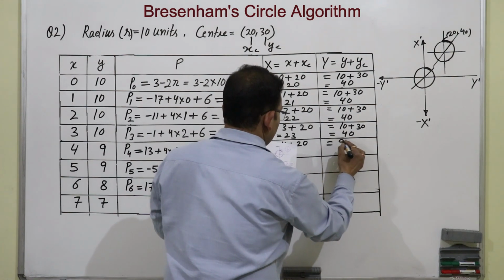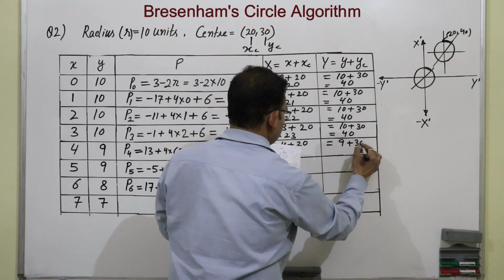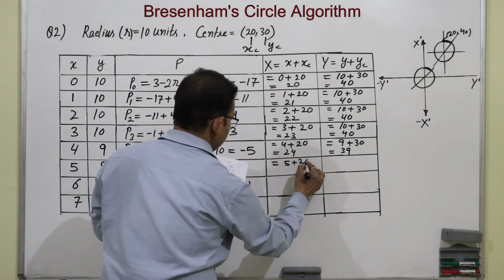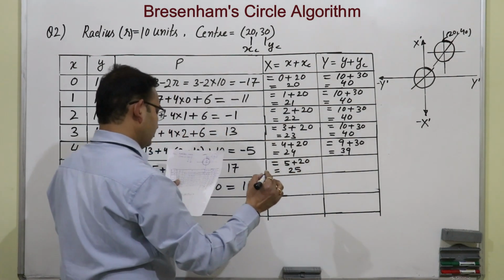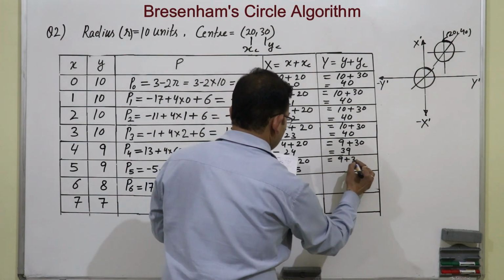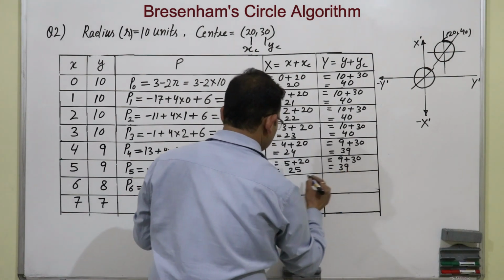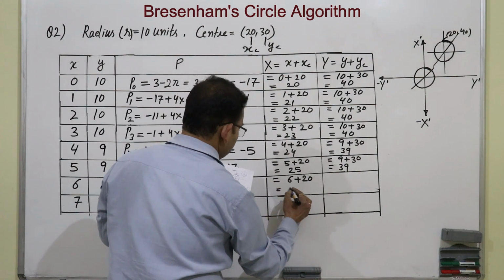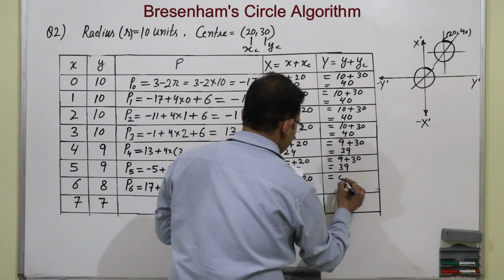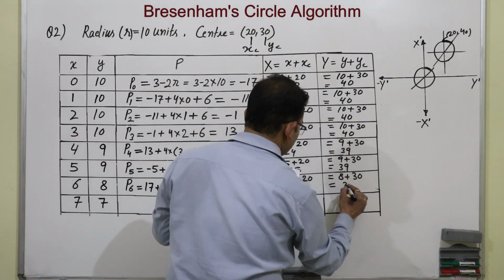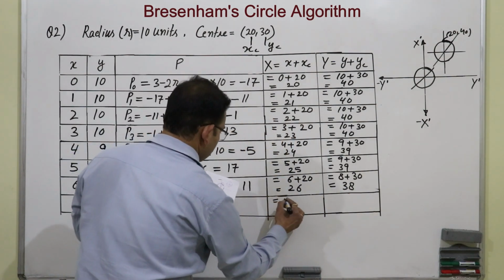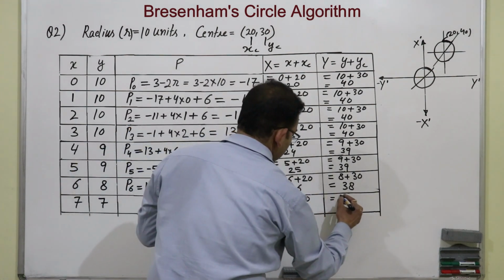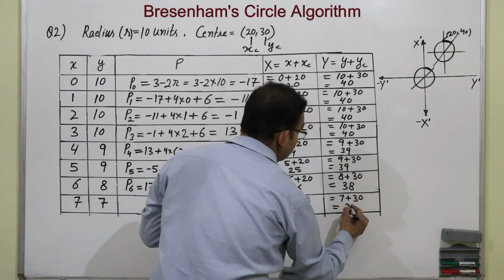9 plus 30 equals 39. 5 plus 20 equals 25, 9 plus 30 equals 39. 6 plus 20 equals 26, 8 plus 30 equals 38. 7 plus 20 equals 27, 7 plus 30 equals 37.